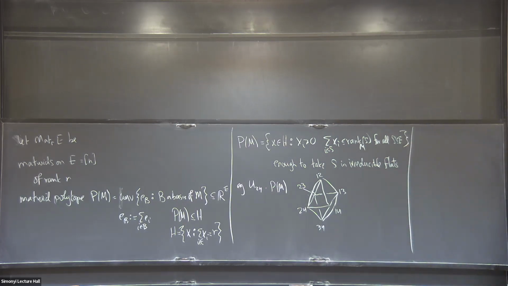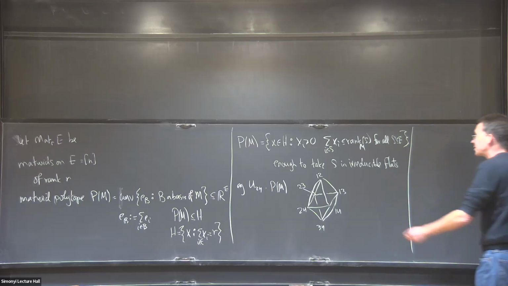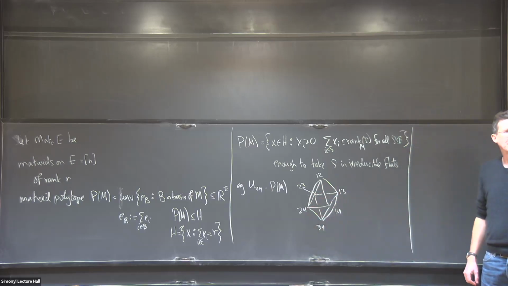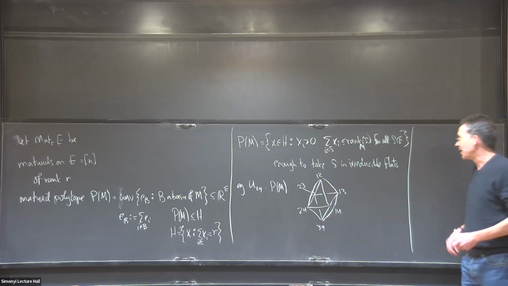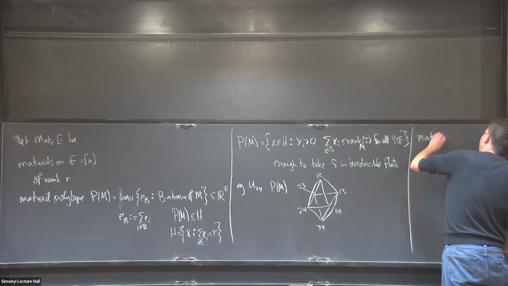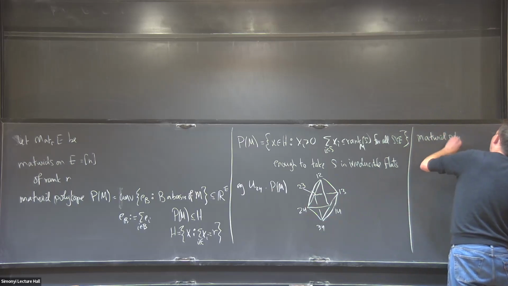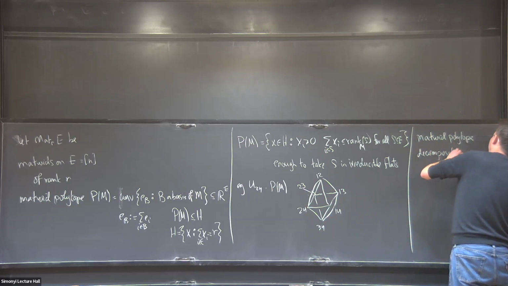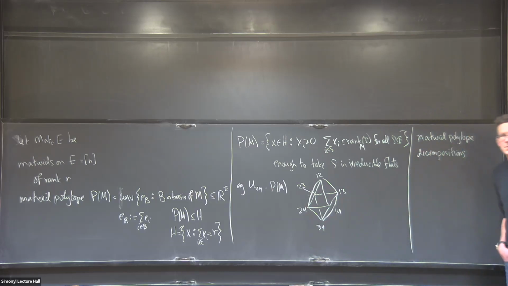And then the question that comes up in history is the question of dissecting matroid polytopes into little matroid polytopes. So there's the search phrase for the Google search, matroid polytope decomposition.